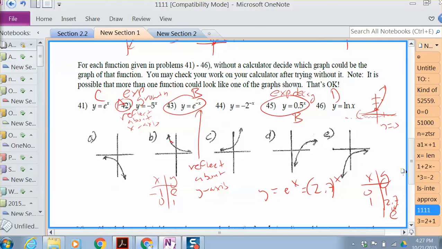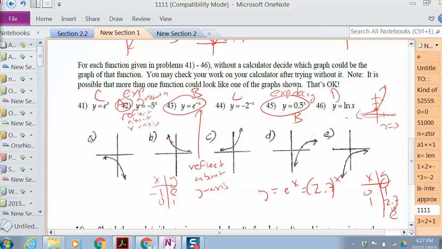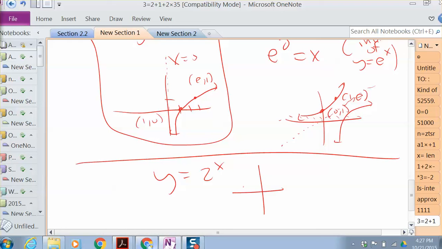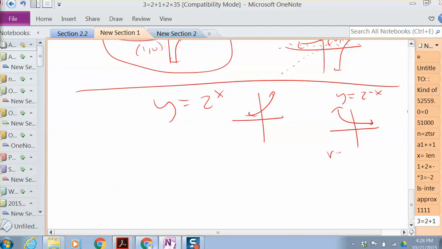And then, you know, 44 is kind of lonely, but it's going to be e, and I'll explain why. So first of all, it's like negative 2 to the negative x power. It's probably the best way of looking at it. Well, 2 to the x is easy. It's that. So 2 to the negative x is that. You reflect about the y-axis. We've seen this a few times already in this video.